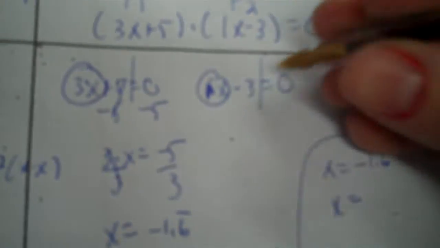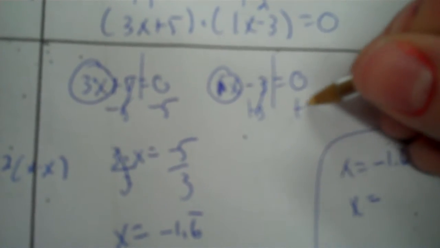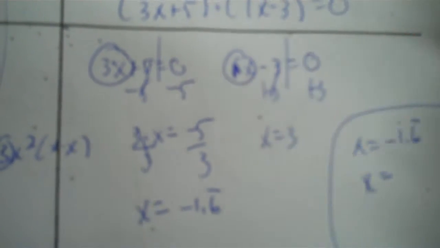Negative 5 divided by 3 is a decimal. It's negative 1.6 repeating. If you don't like writing that, once you get that, you can always go second PRB, negative 1 2/3. Okay, I got a multiplier of 1. Don't need it then. Plus 3, plus 3. So x equals 3.